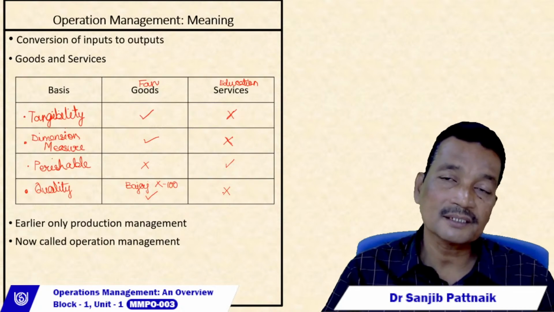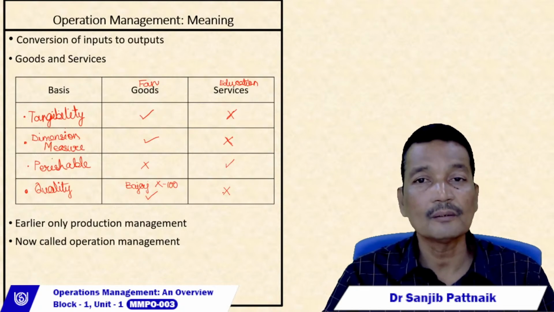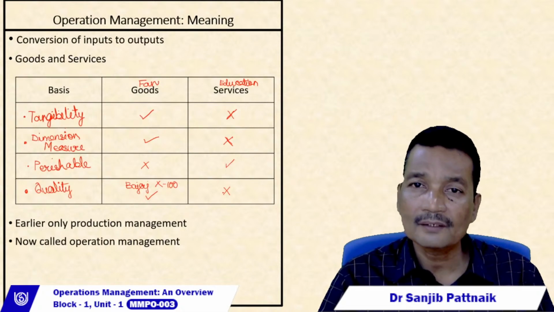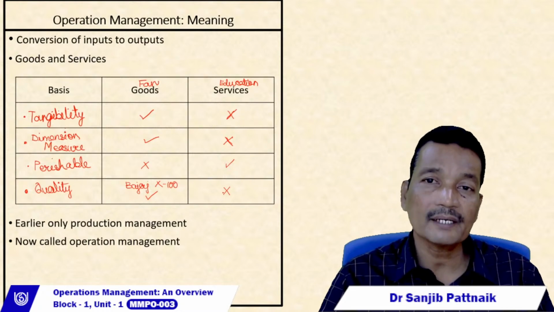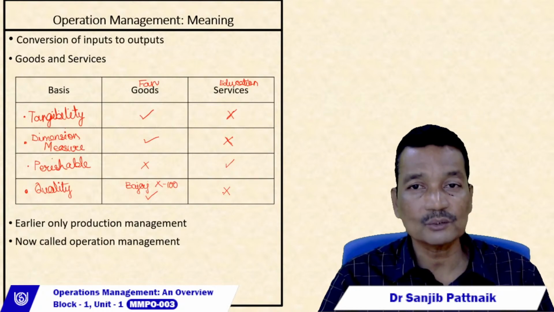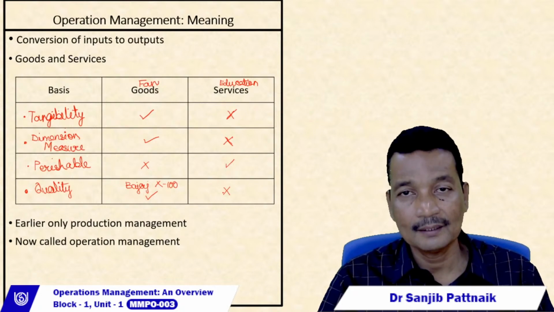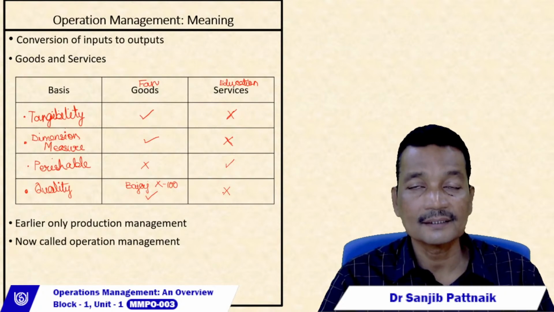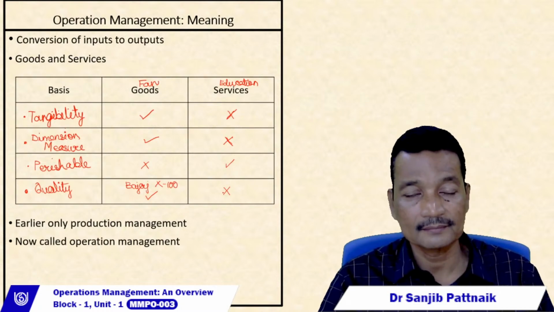Now, in the conversion system, what is our requirement is transformed through the banking system. And what are the desired output? We may get a fixed deposit. We may get an encashment of check. We may transfer money. So in earlier days when the output was only product, we used the term production management. But now it has been seen as the outputs are not only products but also services.